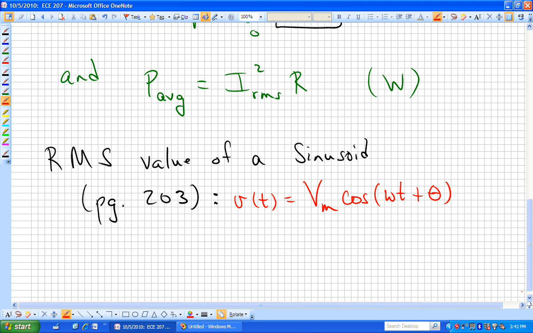I'm not doing it to confuse you, but now I've probably really confused you when I said, oh, theta is phi. It just depends on who's writing the book or the paper. But in this case, I've defined theta to be the phase angle.